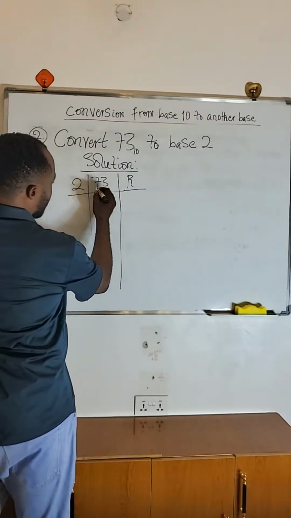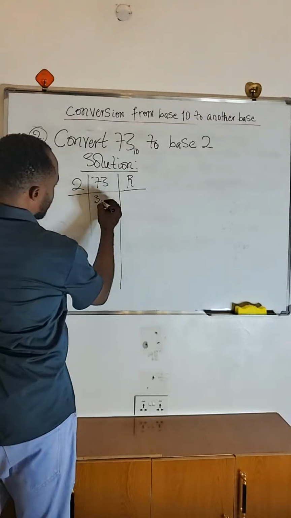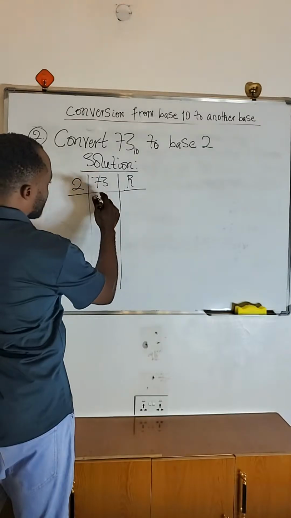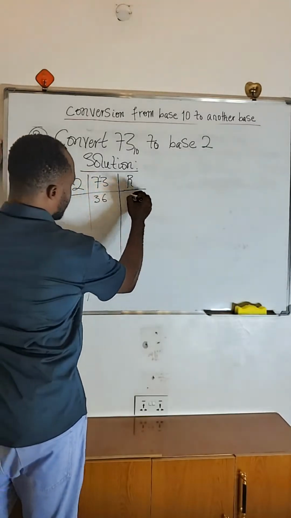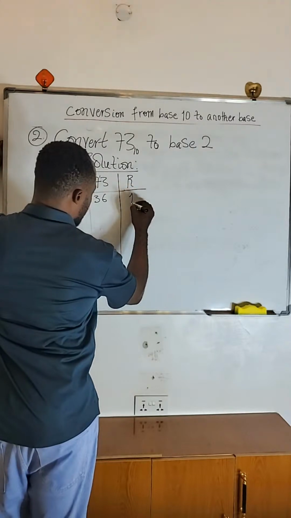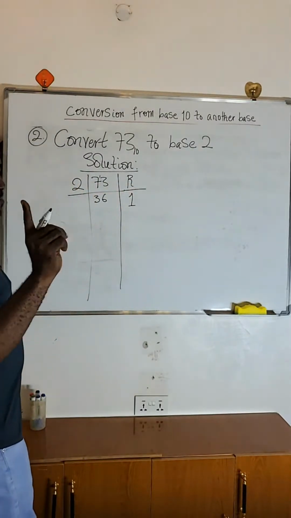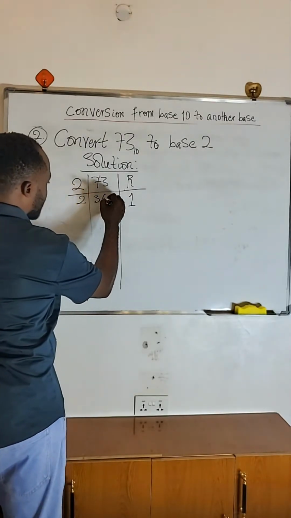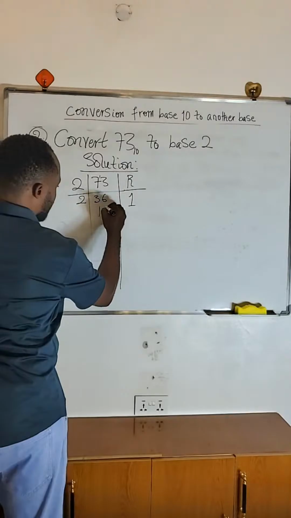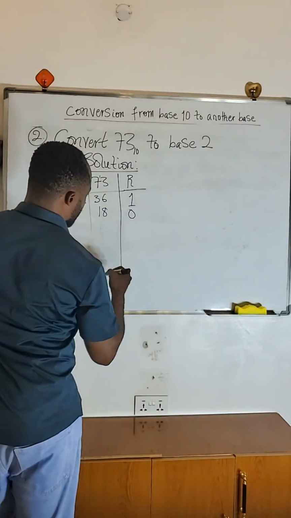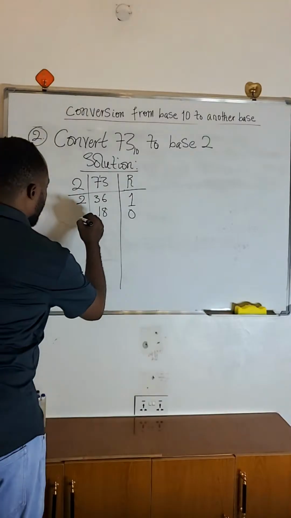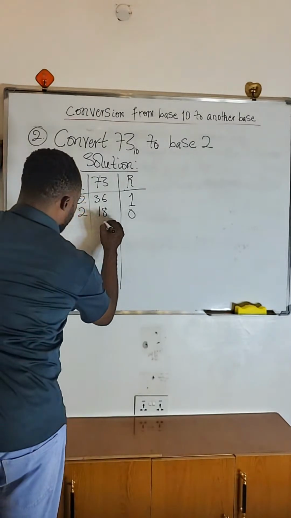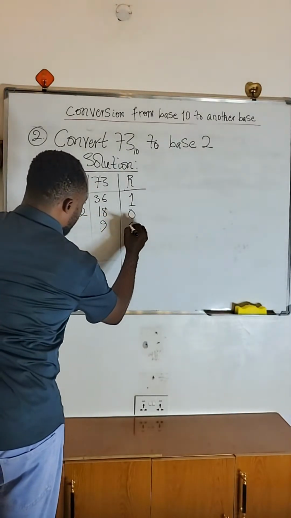2 goes into 7, you have 3 times. 1 remains, you add here. That becomes 13. 2 goes into 13 6 times. Remainder 1. Do not forget. Remainder 1. Now 2 goes into 36, 18 times. Remainder 0. Again, 2 goes into 18, 9 times. Remainder 0.